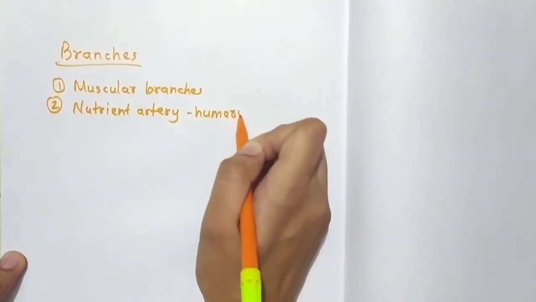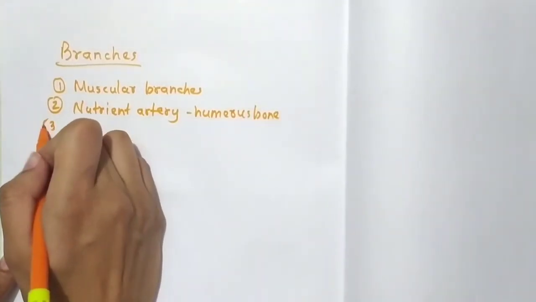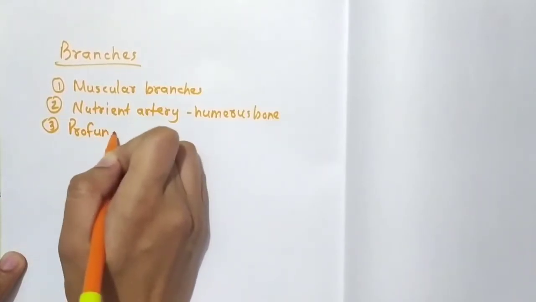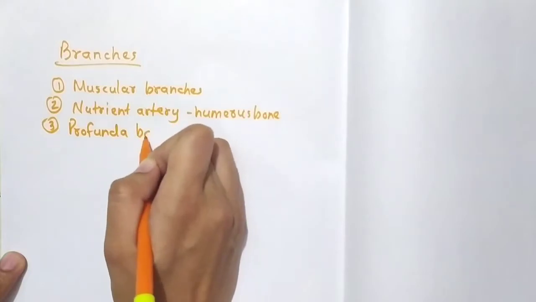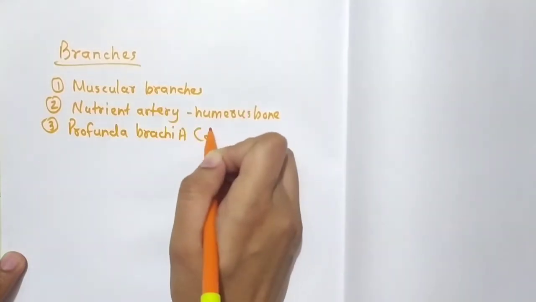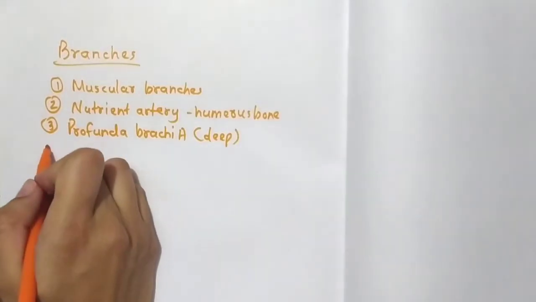Okay, humerus bone. Then third one is the profunda brachii artery, that is deep. Profunda means deep branch.